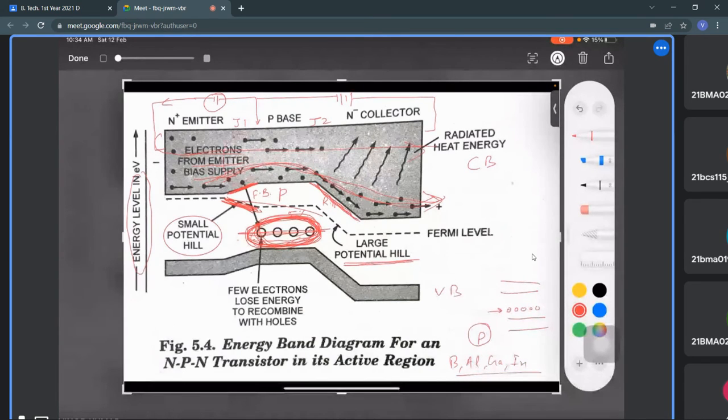Okay, and here we have majority of electrons. In a way, electrons will increase here.